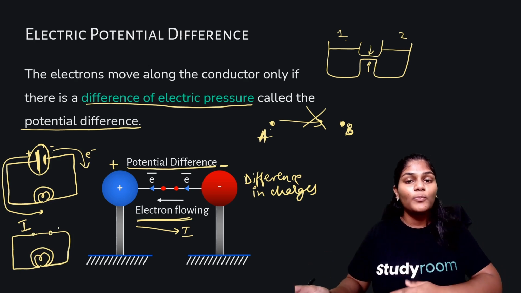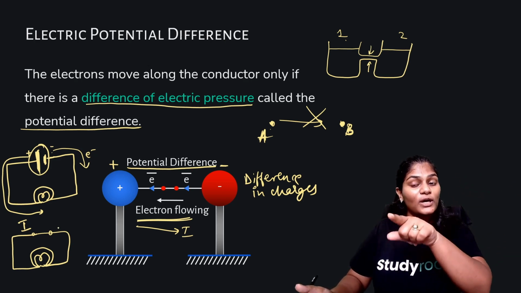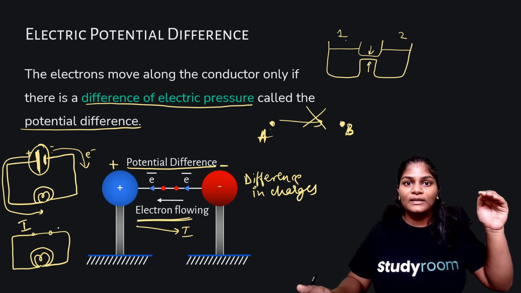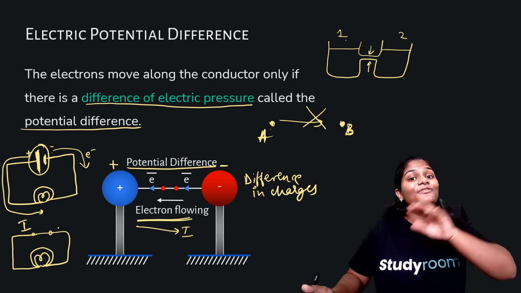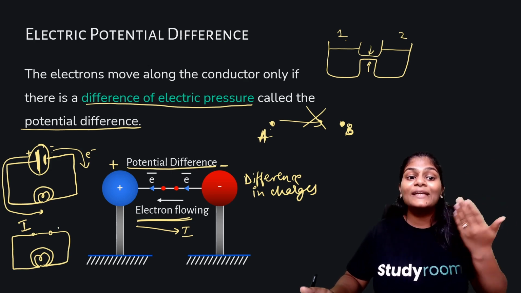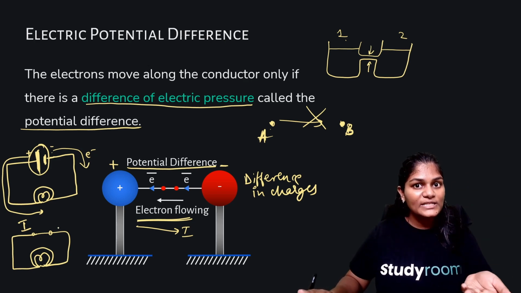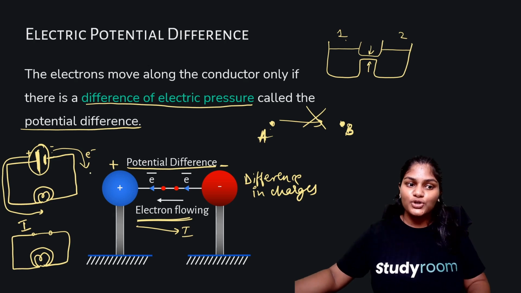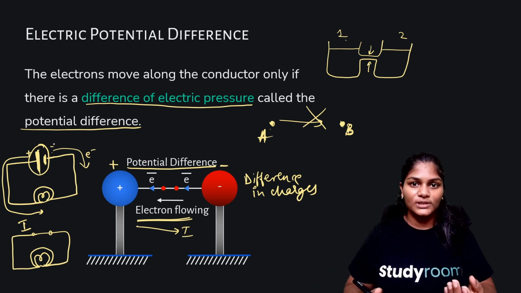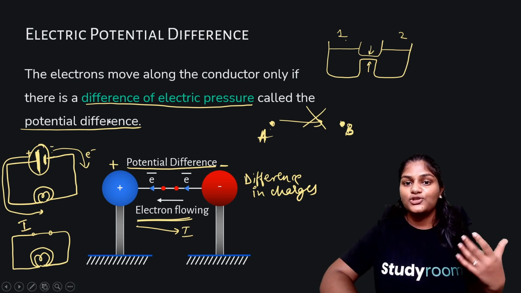Like we saw in the case of the tanks, water only flows when there is a difference in the level. Current only flows when there is a potential difference, or a difference of electric pressure, as your PPT says. So remember that the battery is the reason that current actually flows in the circuit, because it provides the potential difference.